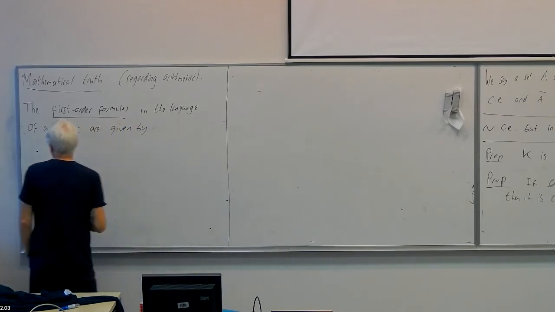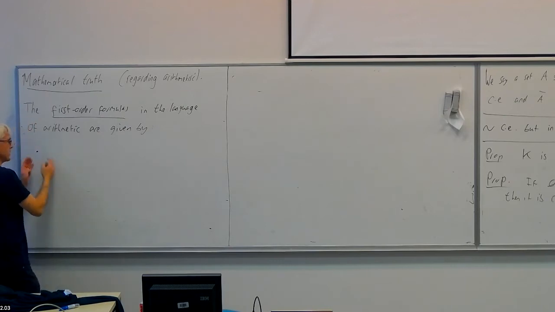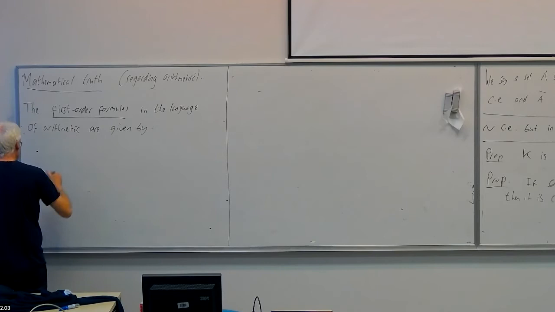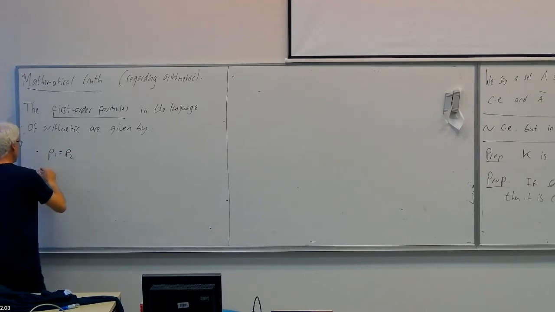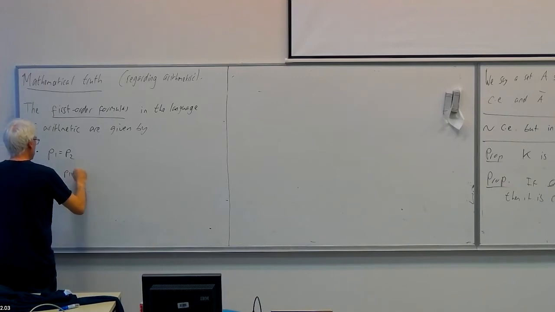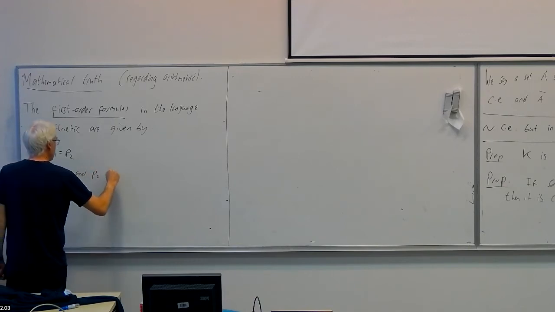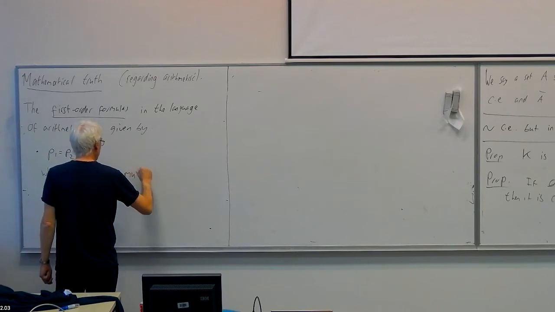And the first such formal string of symbols we're going to look at are equations between polynomials that have natural number coefficients. So P1 equals P2 is a formula in first order arithmetic where P1 and P2 are multivariate polynomials.